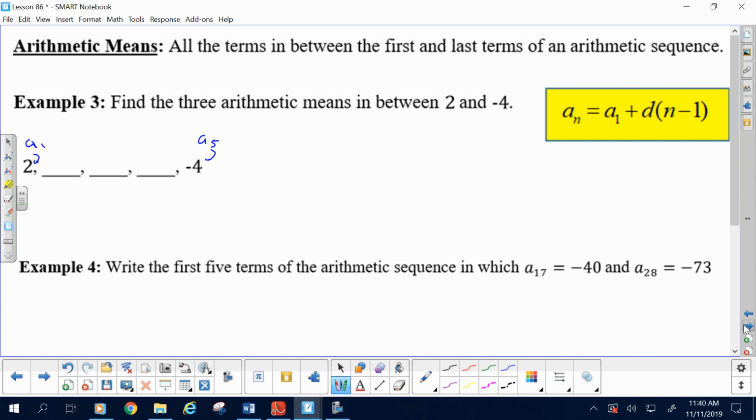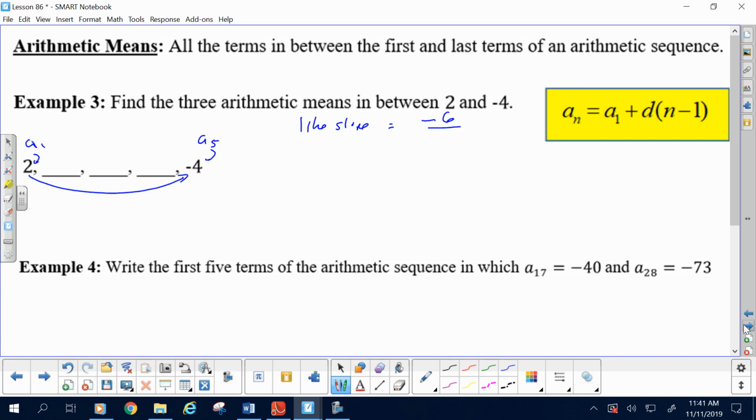All right. Now, let's look at this in terms of finding the common difference. Let's think of this in a slopey kind of way. What's the total change from one to the other? Like slope, its total change is negative 6 because we went down 6, yeah?